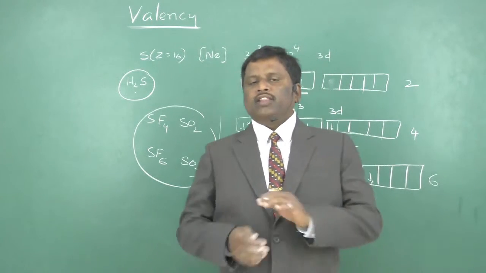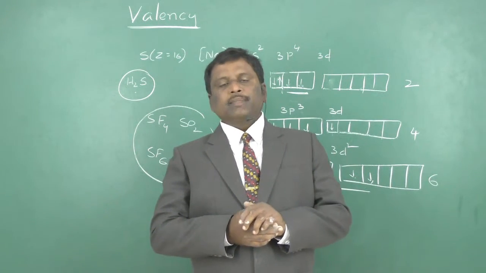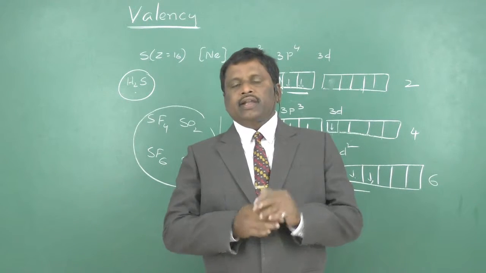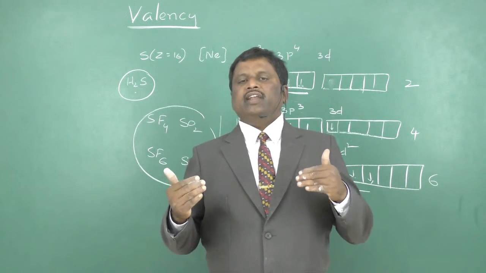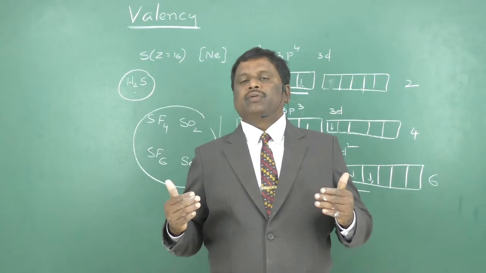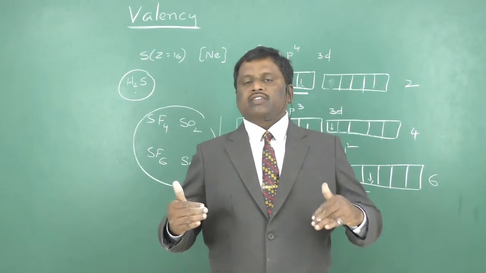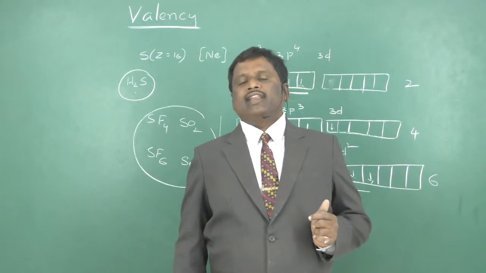Now, if you want to write the periodicity, valency periodicity is different with hydrogen and oxygen, because with hydrogen it will give minimum valency, and with oxygen it will exhibit maximum valency.